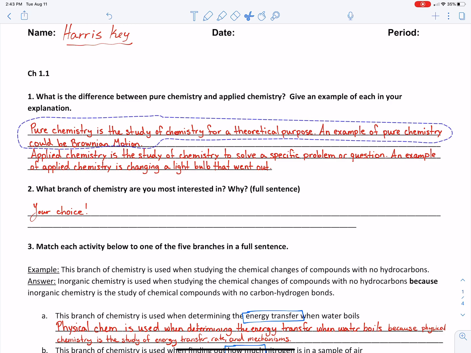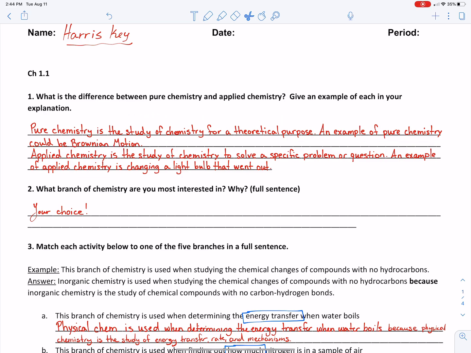There's no problem to solve. It's just, I'm doing it because I feel like doing it. And an example is something like Brownian motion, which we'll explain when we talk about the history of the atom. Versus applied chemistry is the study of chemistry to solve a specific problem or question. An example is changing a light bulb that went out, just like we did in the scientific method.